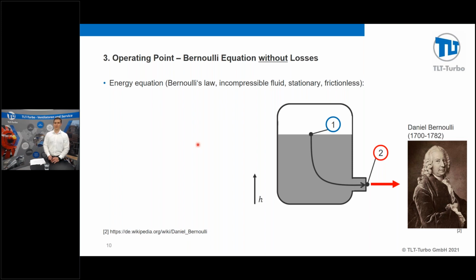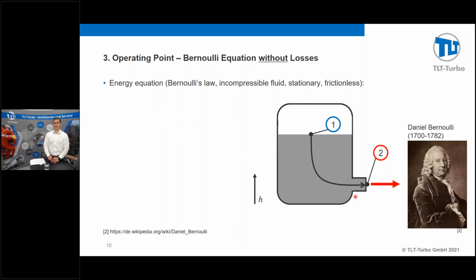That's the energy equation, which was found by Daniel Bernoulli. He was a Swiss mathematician and physicist, and he found that if you imagine this kind of vessel or jar here, which could be filled with water, the total energy or pressure at point 1 is exactly the same as the total pressure in point 2.